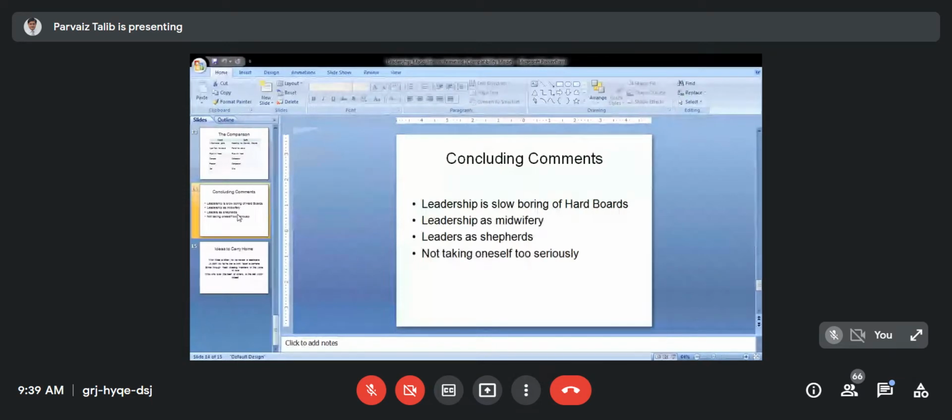A good shepherd is one who keeps the flock together. And for keeping the flock together, do you walk in front? Often you walk behind. You take into consideration even the weaker members of the flock, lest they are left out. So leadership is not leading from the front in that sense of the term. Leadership is keeping the flock together.